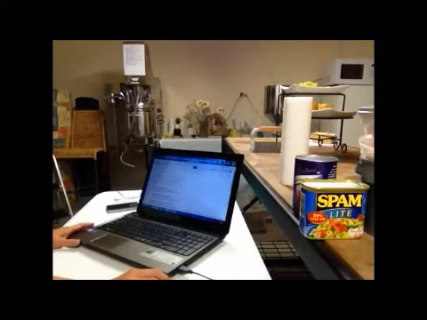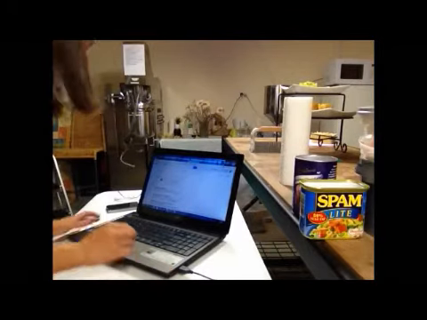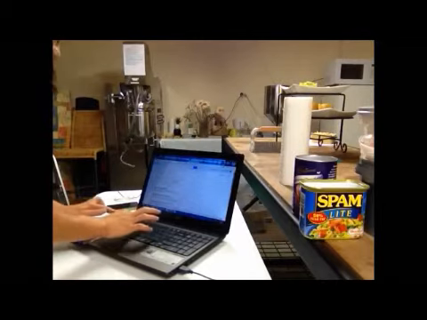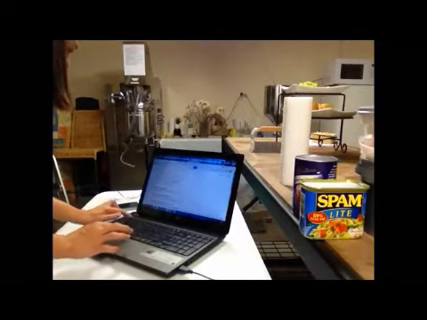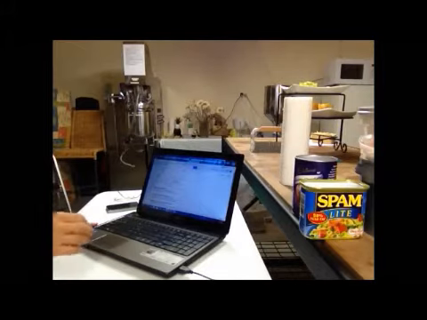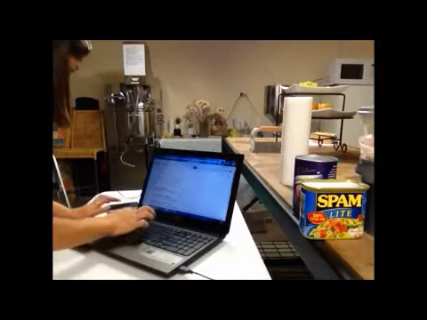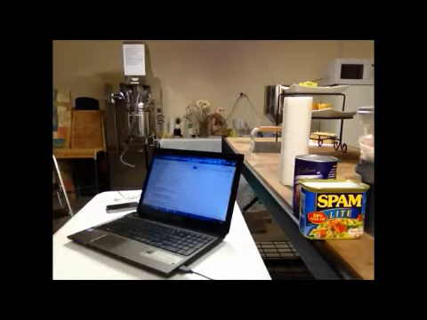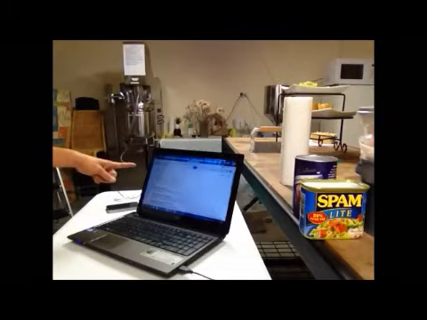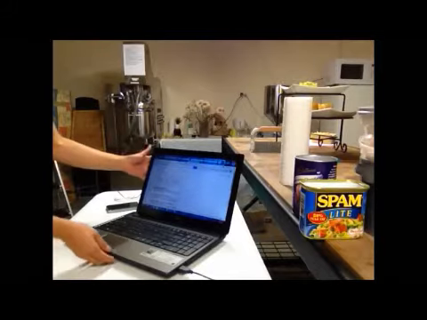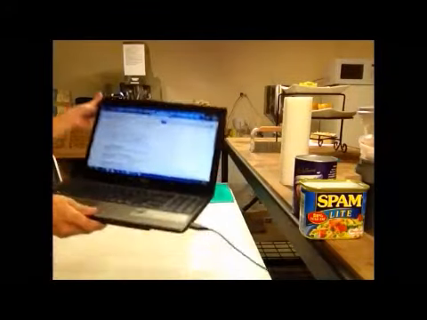I already have here the tool for converting ounce to gram, so I'll just type in 16.63 ounces, and it automatically converted my number, and I got 471.45 grams of oils.